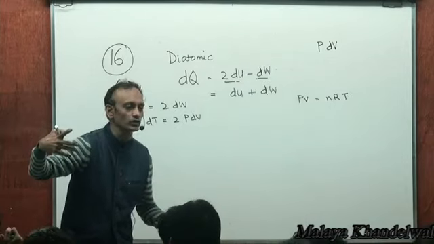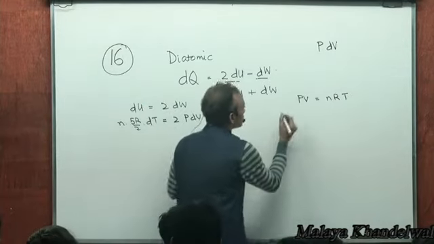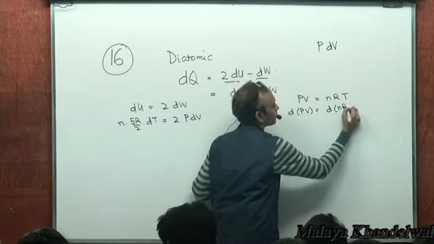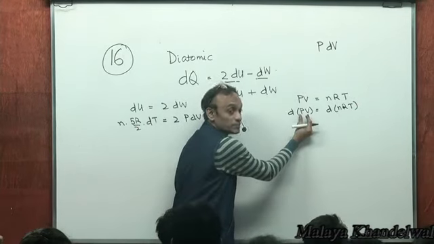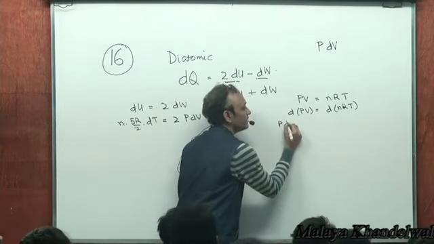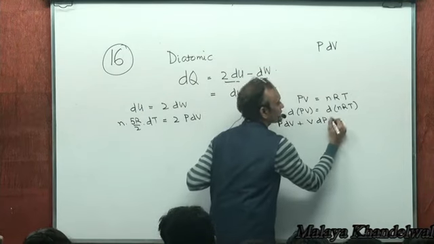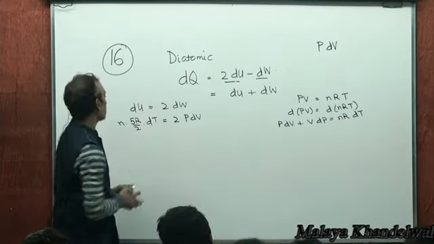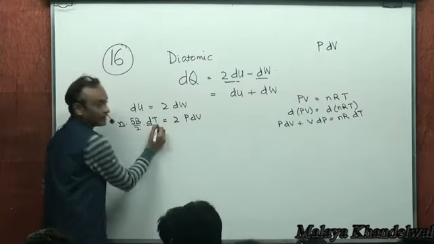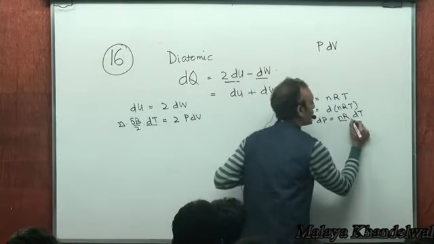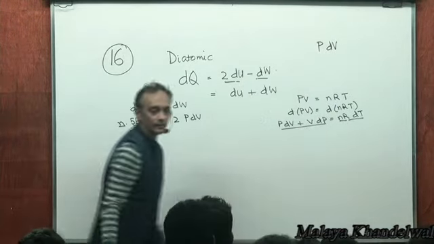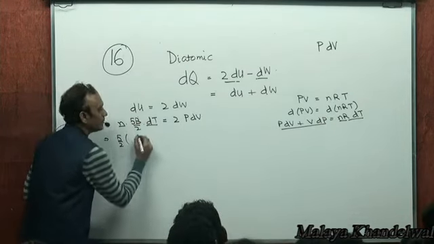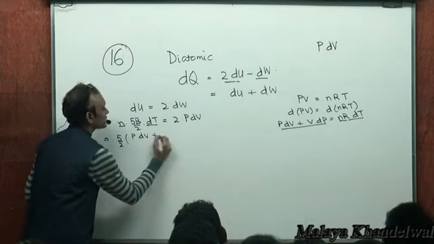So d of PV is d of nRT, and if you remember the algebra of differentials, this would be PdV plus VdP is nR dT. So I could have written nR dT as PdV plus VdP. So this is like 5 by 2 nR dT, PdV plus VdP.